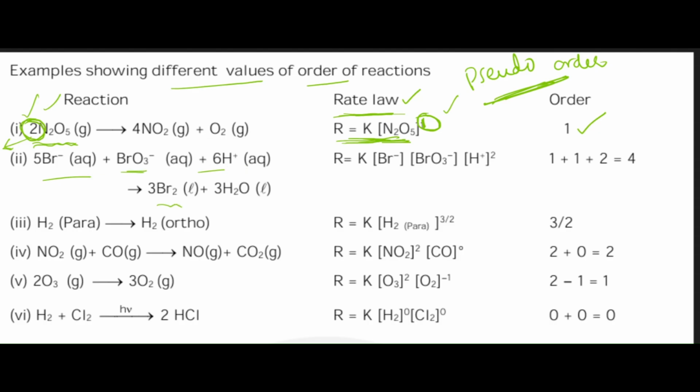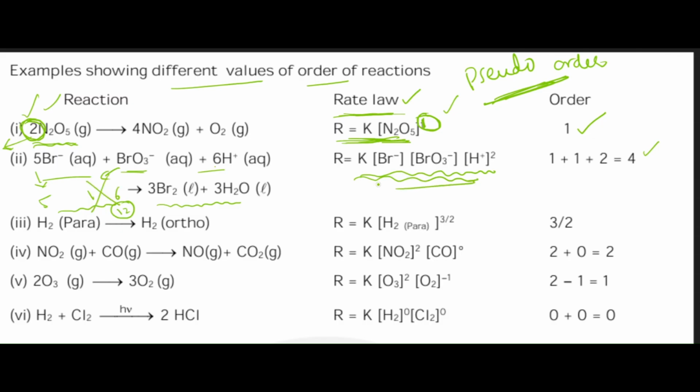Clear? Now once again, for complex reactions like this here, 5 moles of bromide ion plus BrO3 minus plus 6H plus gives rise to 3 moles of Br2 plus water. For this reaction the experimental order can be determined by using this rate law. So if you observe theoretically, like here 5 moles, here 1 mole, here 6 moles, right? So if you add, we will get 12, but this is not the actual order.